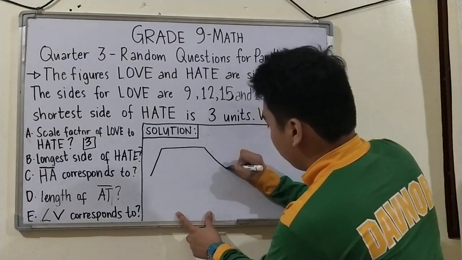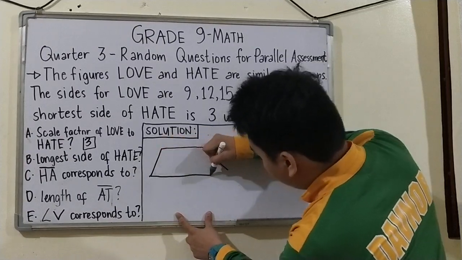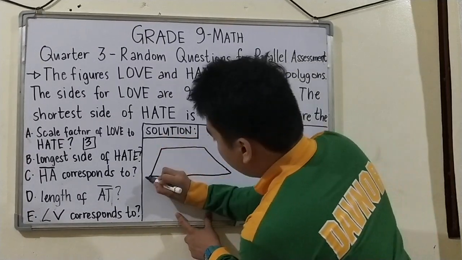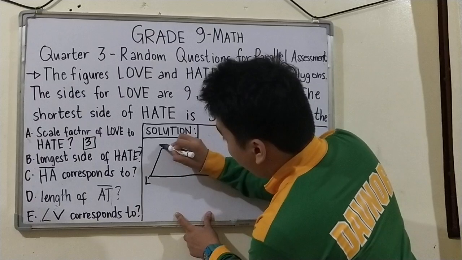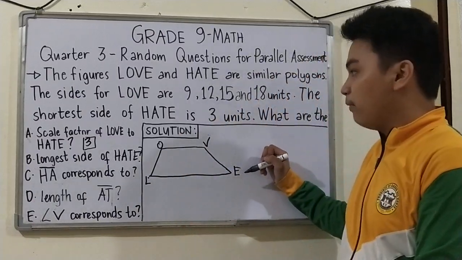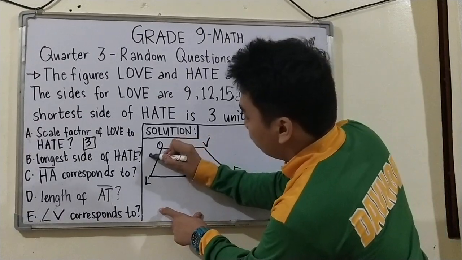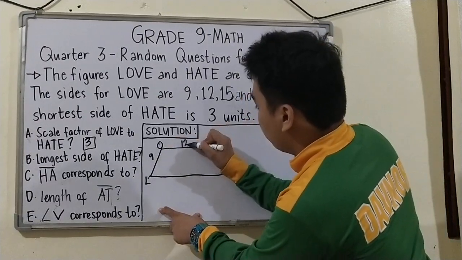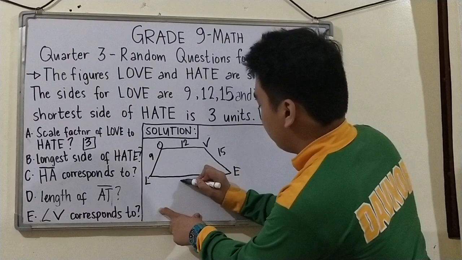This is the polygon love: L, O, V, and E. And again, the sides of the polygon love are 9, 12, 15, and 18.